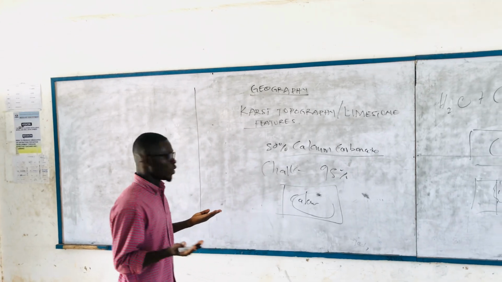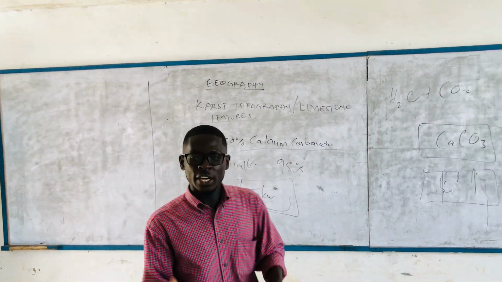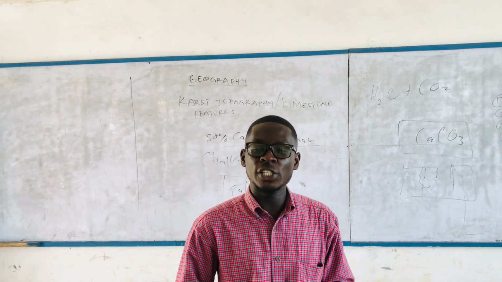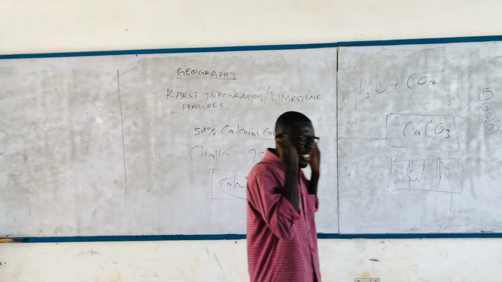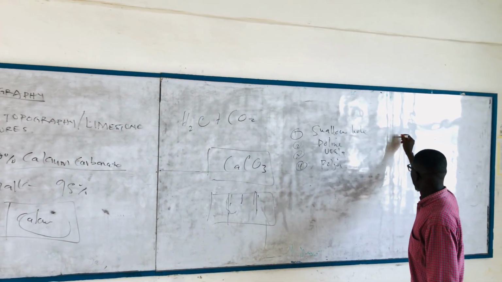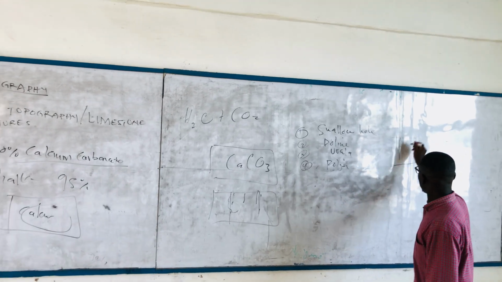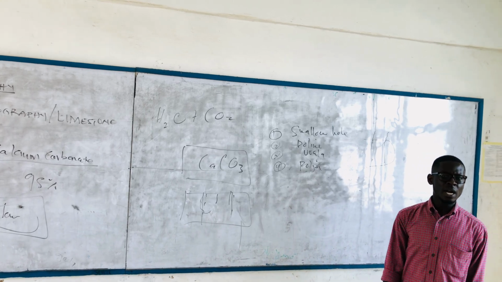As geographers, we said with the aid of a diagram, describe the mode of formation of the swallow hole. How are you going to do it? With the information that we have, you start by saying that when it rains, rainfall penetrates into rocks containing calcium carbonates.